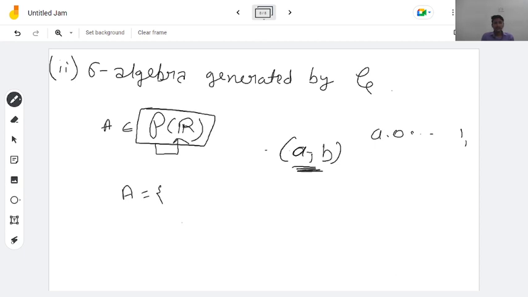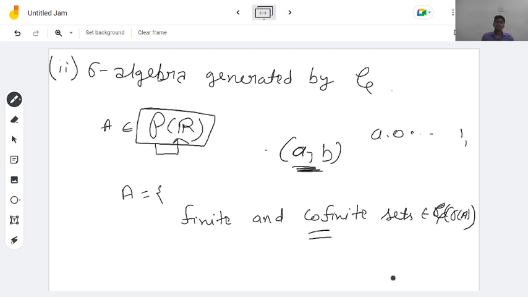Therefore, just finite and cofinite sets belong to the sigma algebra generated by C. Do we have some other examples? No, I think.